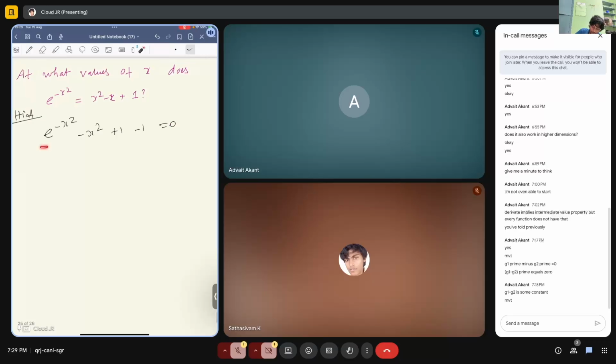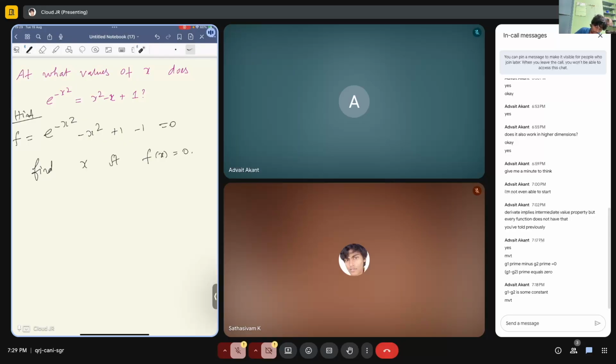This is the function you have. Now you have function f here, and what you want to find is x such that f of x is equal to 0. How do you find it? You basically apply the Newton-Raphson method.